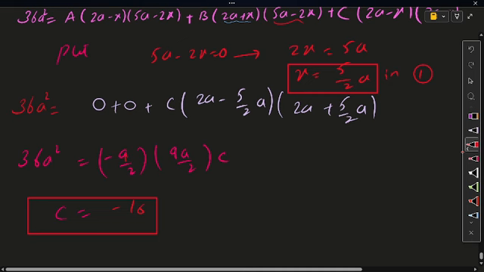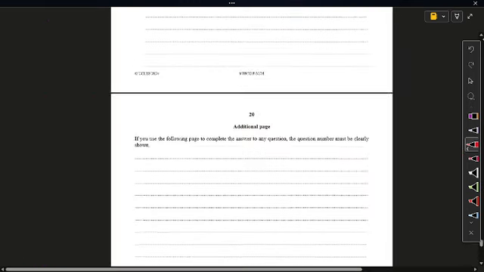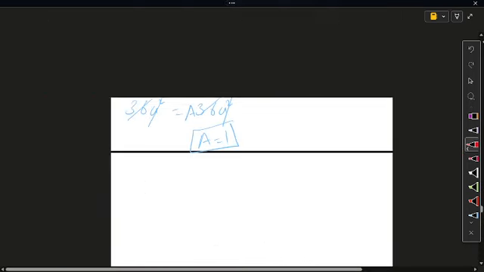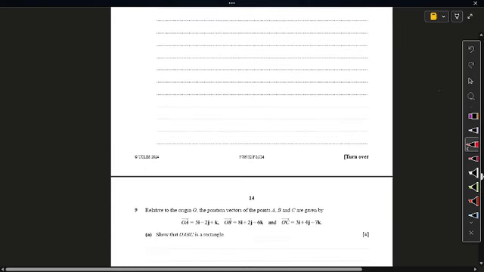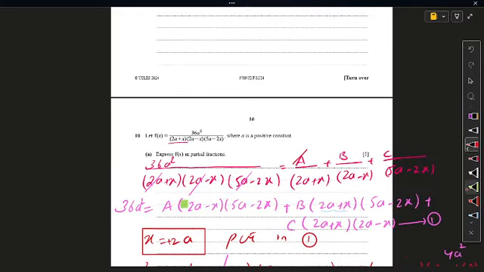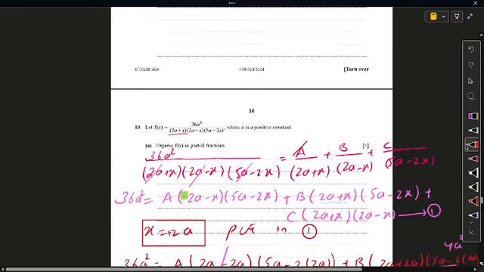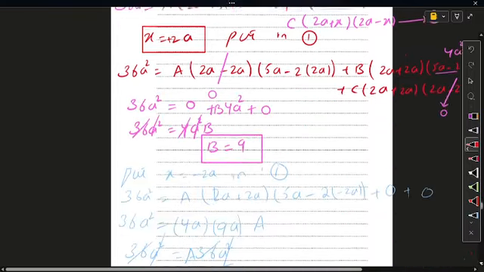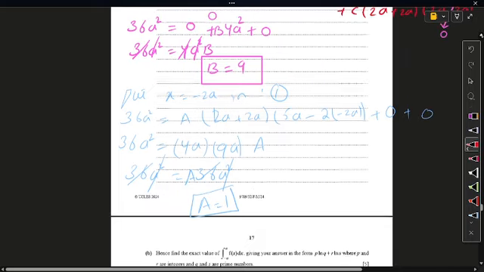Now put back all these values into the main form that you have at the last. A value seems to be 1, b was 9.